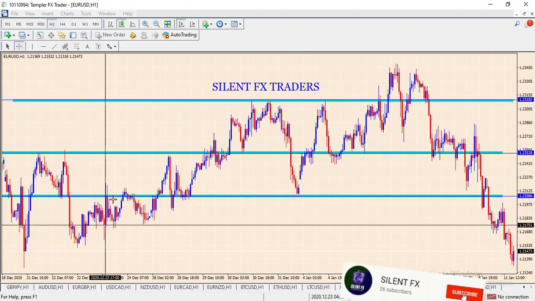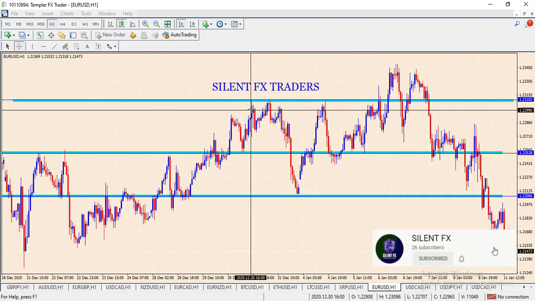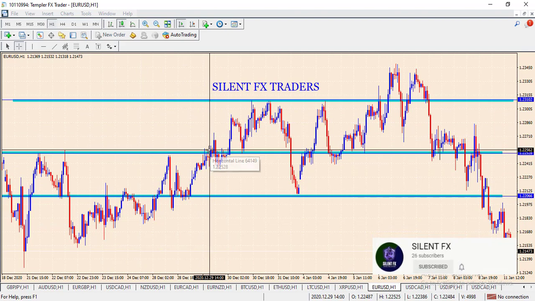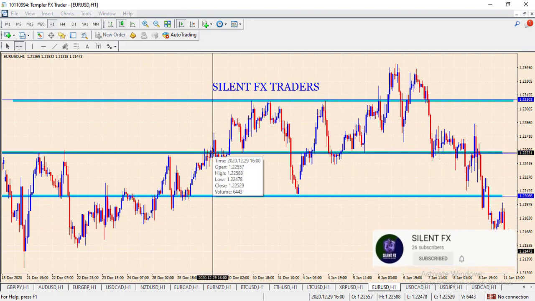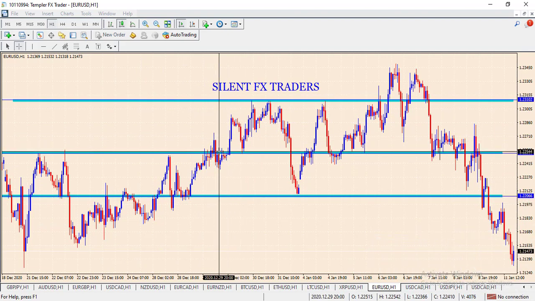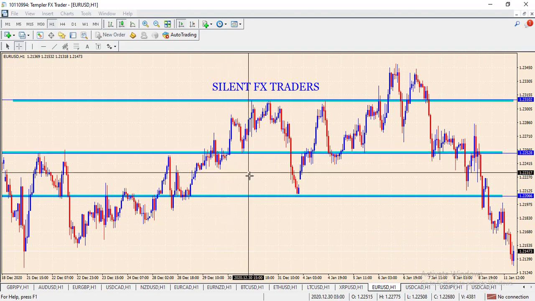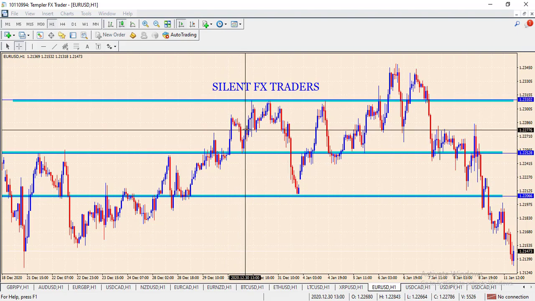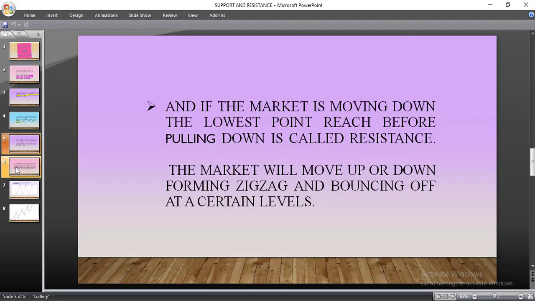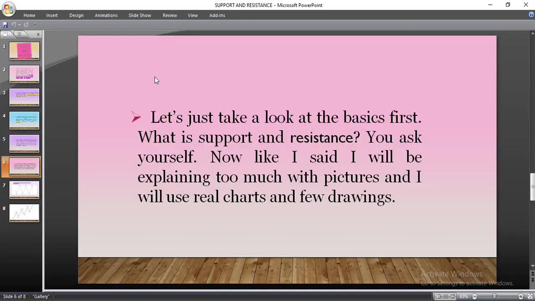Now, in the formation of a zigzag style, whenever the market reaches a certain level, it will respect it. Either break it or that level will hold strong and the market will shut down or will go long. Let's continue. Let's just take a look at the basics first.